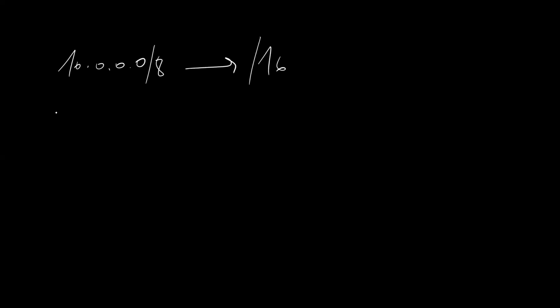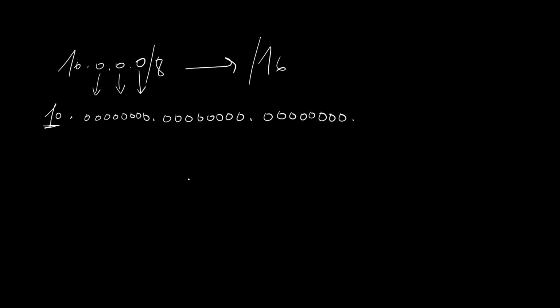So initially we had 10, then bits 1 through 8, dot 1 through 8, dot 1 through 8. This is in decimal, and I've just made these numbers binary. Those are zeros. So this is the initial thing that we had.